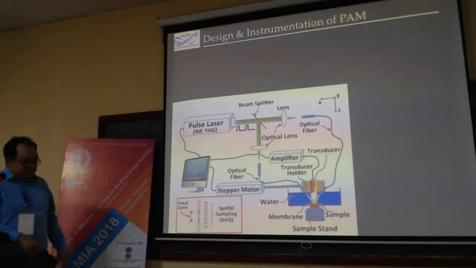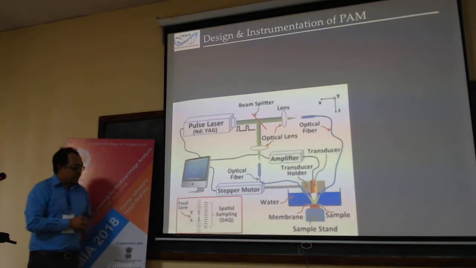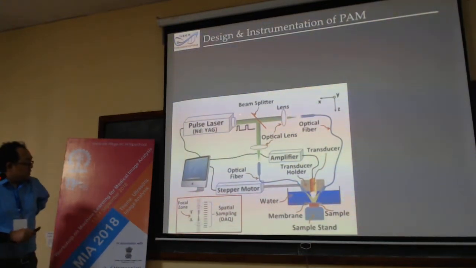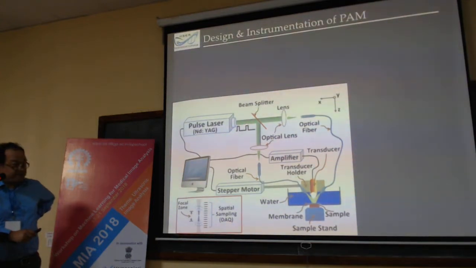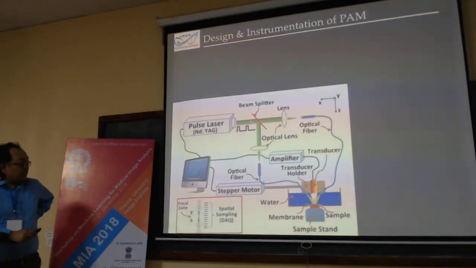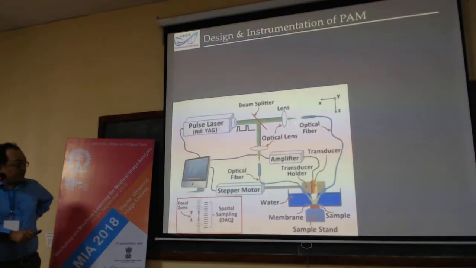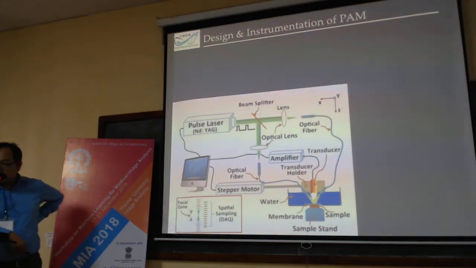So I would like to come now to the design and development of photoacoustic microscopy for the acoustic resolution. The pulsed laser from a laser source is collected as a narrow, collimated beam, split into 2 or more, and coupled through optical fibers. The fiber outputs then illuminate the sample surface.